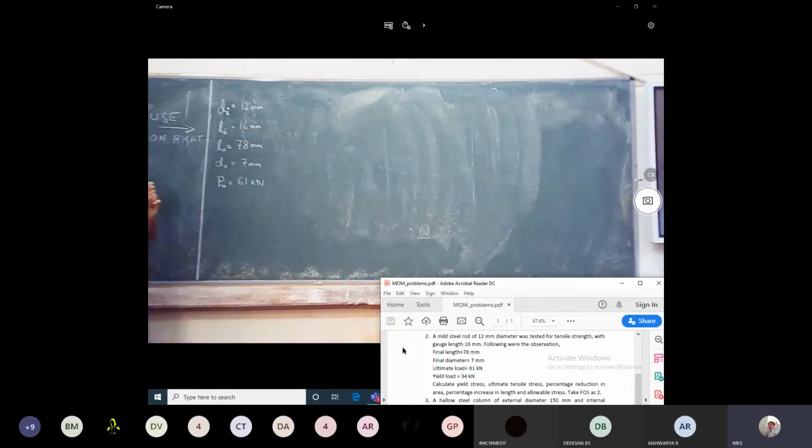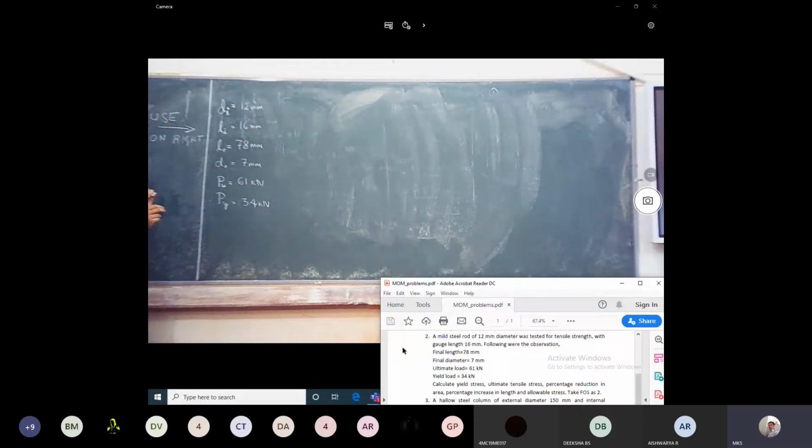Then we have the yield load also. Yield load 34 kilonewton. We take that as PY, 34 kilonewton.